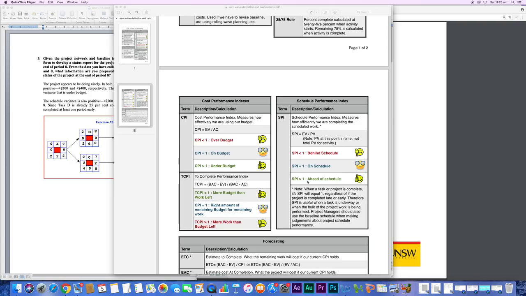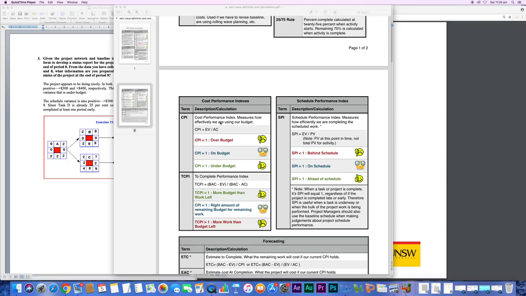Please do not see these relative indexes or performance indexes as the rate of performance. They are efficiency. They're just giving you the overview of efficiency at a certain point of time. So only at that point of time.